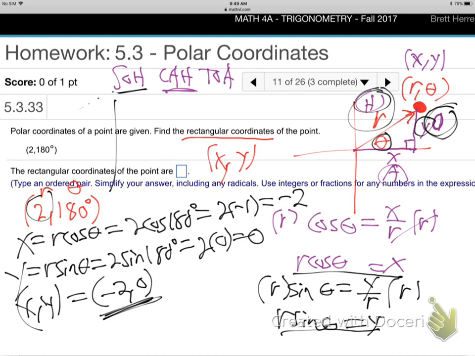If you turn the cannon to 180 degrees, that's facing this direction, and you shoot out 2, where do you end up? Yeah, back 2, up 0, huh? That's correct. That is the xy, same point as 2, 180. They're the same location. Is that good? So that's how you convert. There's the formulas for converting between r theta and xy. Just like vectors, huh? Exactly like vectors.